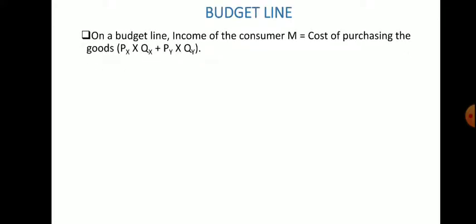Now, see, the budget line can be expressed with an expression. If we consider the income of the consumer as M, the price of commodity X as Px, the price of commodity Y as Py, the quantity of X as Qx and the quantity of Y as Qy, then we can see this relation: the income of the consumer, that is M, equals the cost of purchasing the goods, that is Px into Qx plus Py into Qy.